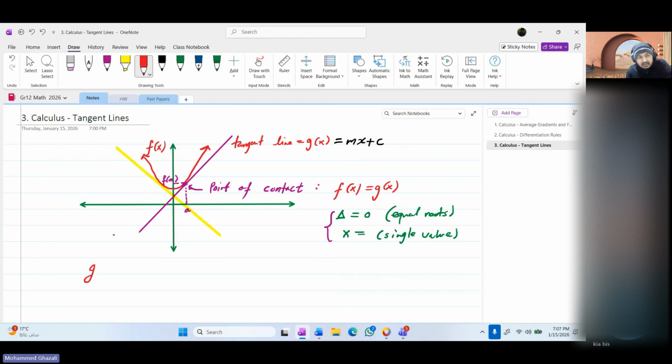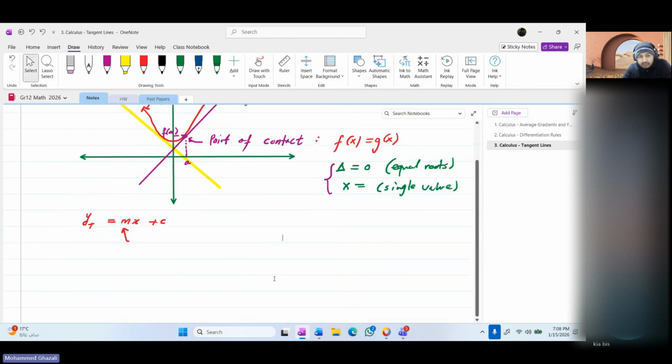So we know g of x, the equation of the tangent line, let's call it y of t, is equal to mx plus c. Great. How are we going to find m, the value of m? We're going to find m by using the concept of a derivative.